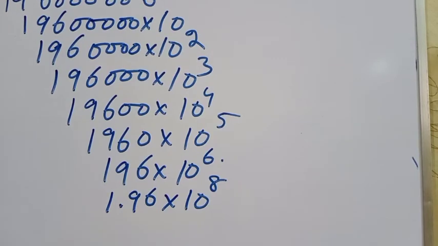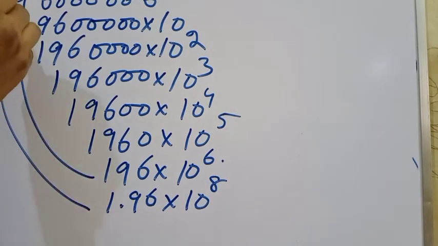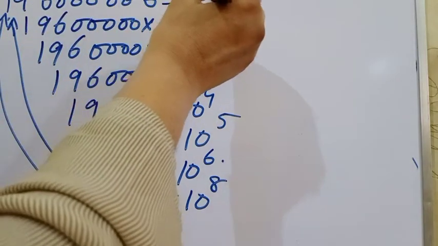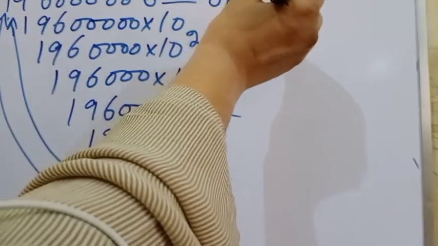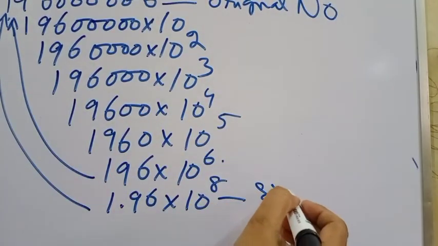We observe that all these lines have exactly the same value as the first one. The first line is the original number, and the last line is the scientific notation.